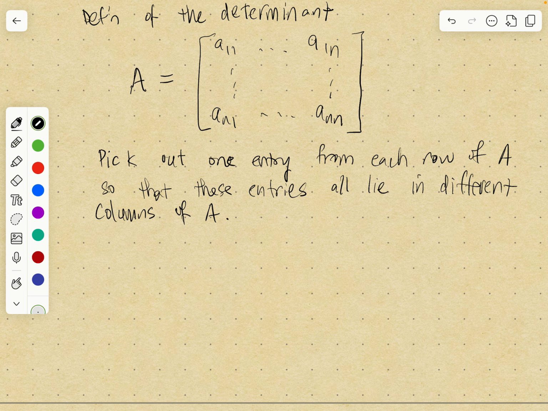Now when you have that, you take the product of these entries.